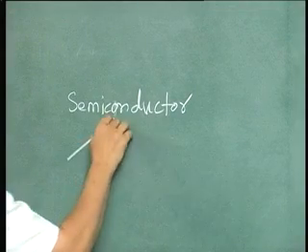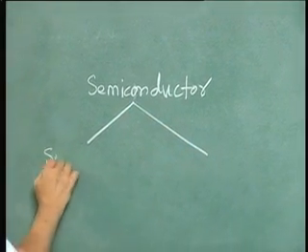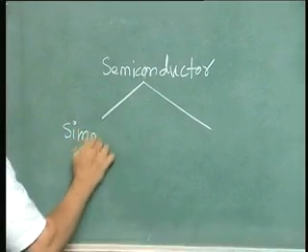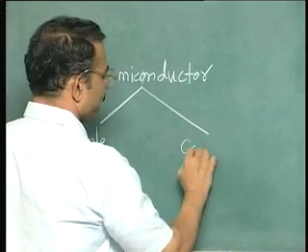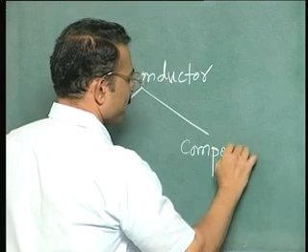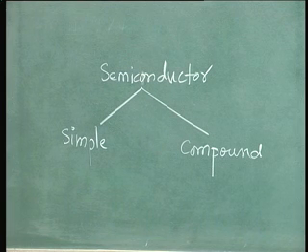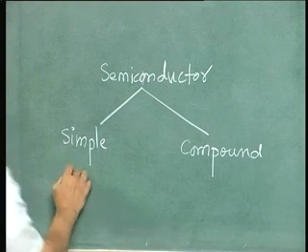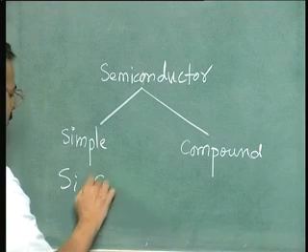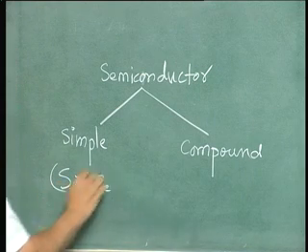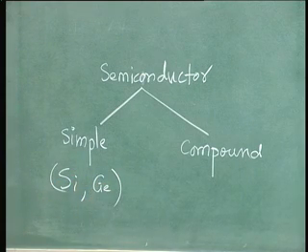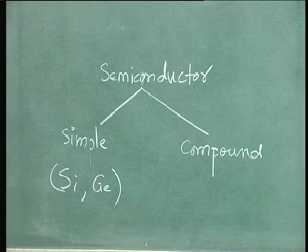So one classification is simple and compound. Examples of simple semiconductors are silicon, germanium, etc. In these semiconductors, you have just one type of atom regularly repeated.